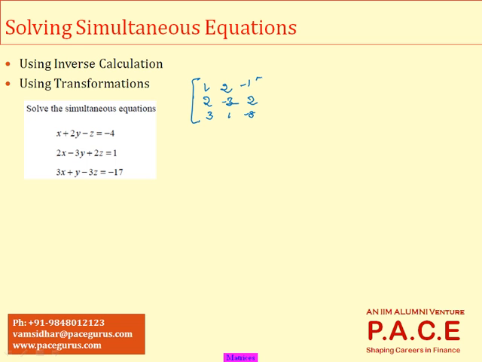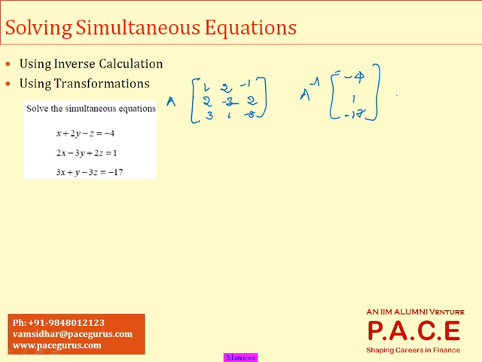If this is your A, find out A inverse directly and multiply this A inverse, whatever the matrix you got, with the output matrix. Whatever the values you get will be your values of x, y and z. That is using the inverse mechanism. Of course, you can use the other mechanism also, but as far as our calculations are concerned, we need to just know the answer for it.